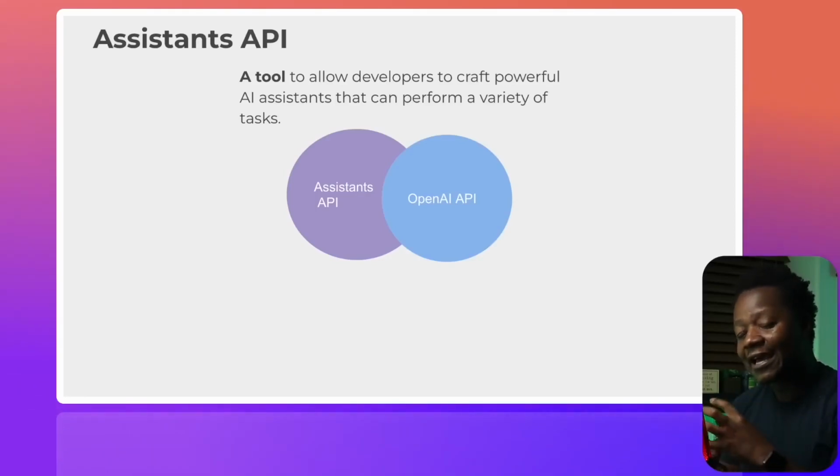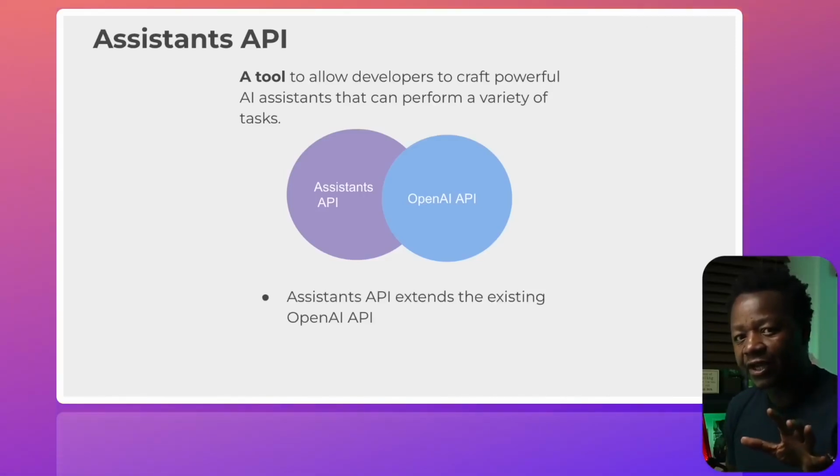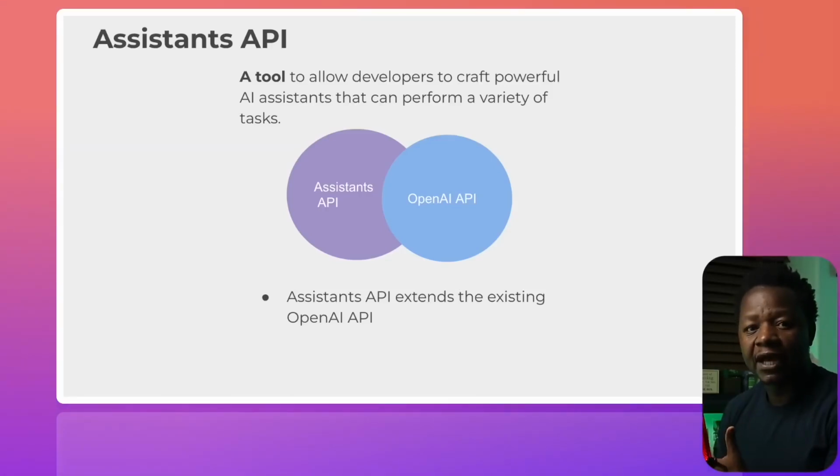It extends what we know as the OpenAI API, which includes all of the tools and models that power ChatGPT and much of the other underlying infrastructure of the OpenAI environment. That is the important distinction: when we talk about the Assistants API, it extends what already is there, in this case the OpenAI API.